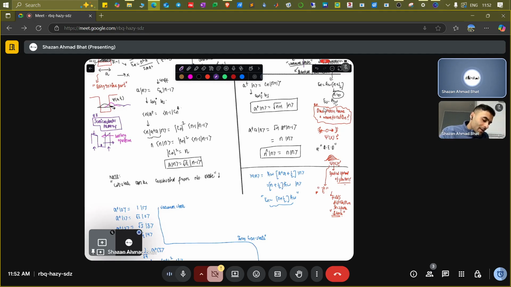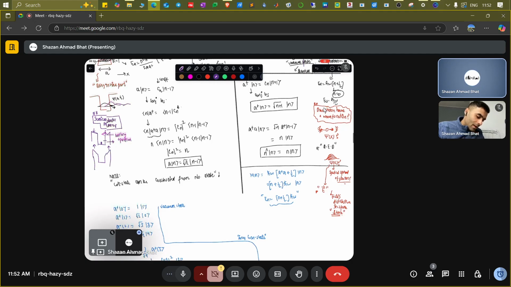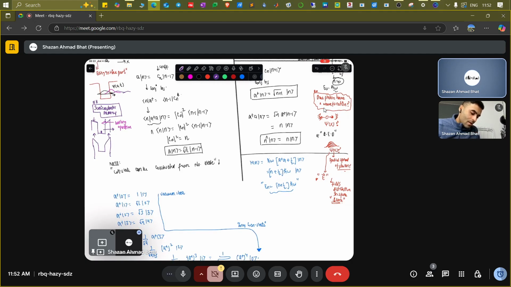But what happens is when you store these electrons inside this kind of structure, there are many electrons. There's not a single electron, there's a distribution of electrons present.